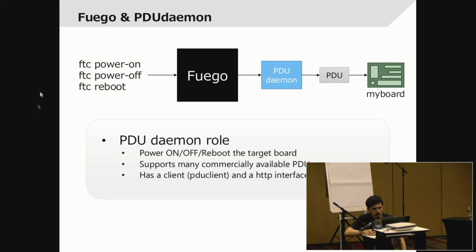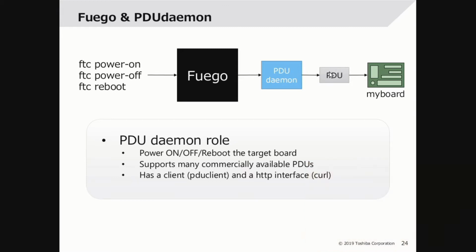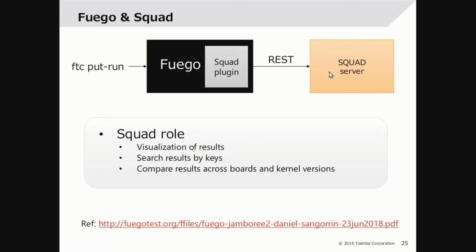Basically, I added three commands: power on, power off, and reboot. This is still not merged in the next branch, but we are working on it. Basically, it works by sending an HTTP request to the PDU daemon, and the PDU daemon will take care of the PDU. So it's quite simple. There is no demo for this.